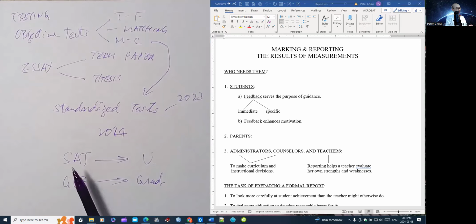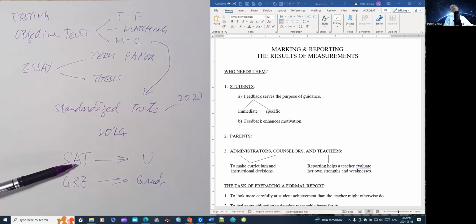Then we have the provincial standardized test to replace SAT, but those tests are actually very similar to the Scholastic Aptitude Test used in the United States.